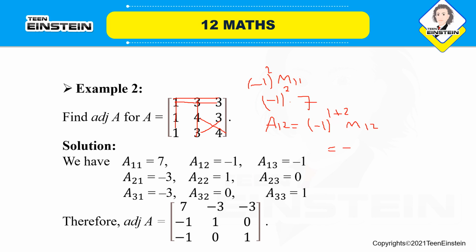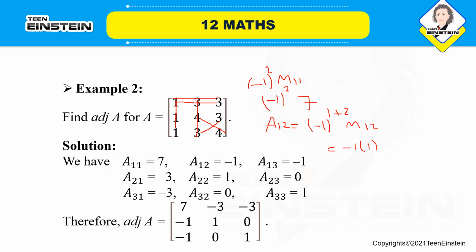What is minus 1 cube? It is minus 1. Okay, minus 1 into what is M12? Delete the row and the column having the element 3. So you'll be getting 1 3 1 4. Okay, so what we are getting is 4 minus 3. 4 minus 3, it is 1. So minus 1.